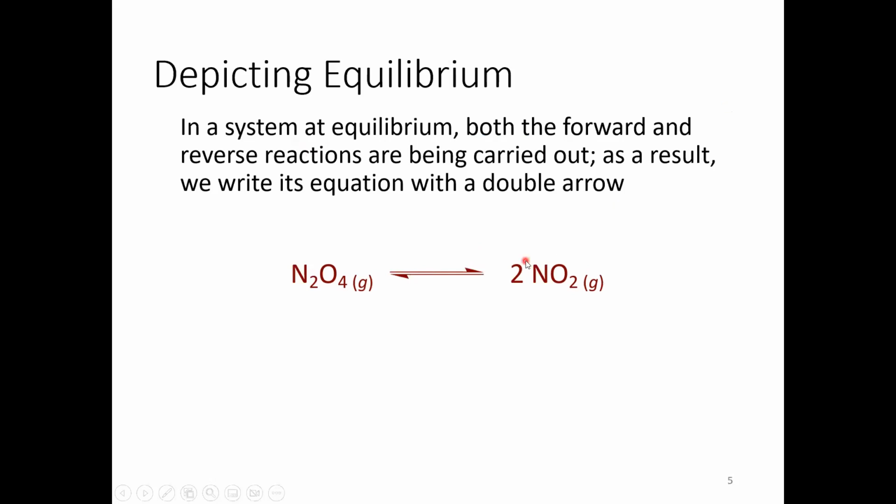But just recognize not every reaction is going to be reversible. If we think about a combustion reaction, for instance, if we burn something, we can't unburn it. We're not going to have some of the carbon dioxide and the water, whatever we're producing there, get converted back into the original hydrocarbon. So chemical equilibrium is not something we see with every reaction.